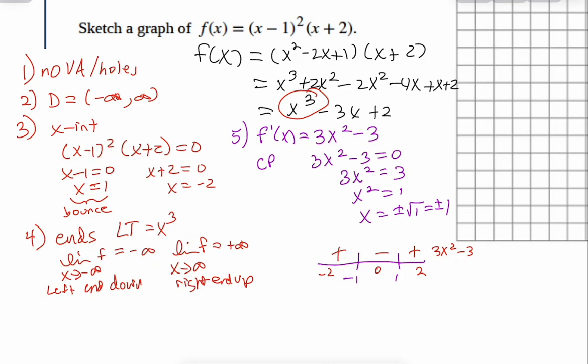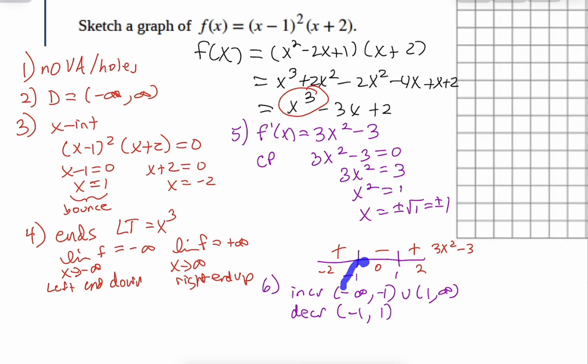And that leads us to step 6, which is just list increasing, decreasing, maxes or mins. So it is increasing at the positive spots from -infinity to -1, and also from 1 to infinity. It is decreasing only between -1 and 1. So if we think about these points, we increase, decrease, increase.